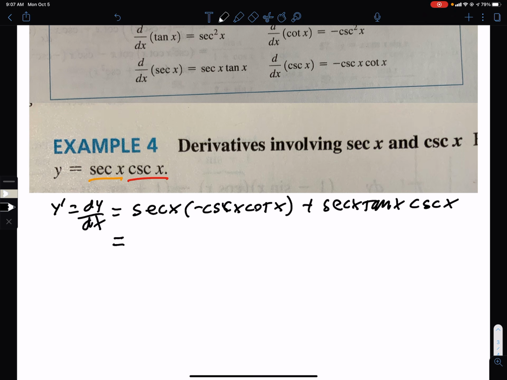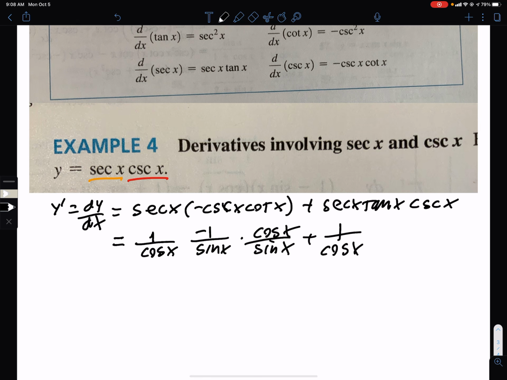Then, what do I want to do? I want to rewrite this. So I'm going to have secant is 1 over cos. Cosecant is 1 over sine. And cotangent is cosine over sine. Secant is 1 over cos.